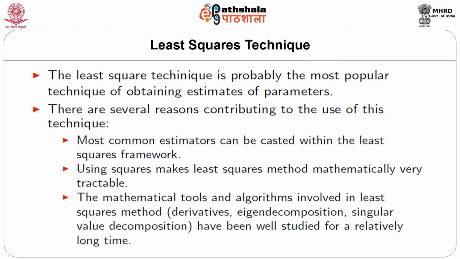Also, a third pro of using least square is that the mathematical tools and algorithms involved in least square method, such as derivatives, eigenvalue decomposition, singular value decomposition and such, have been very well studied for a relatively long time, and the properties of these tools and algorithms have been studied so extensively that their use has been very popular among statisticians, making least square the most favorite method of obtaining the estimates of the parameters.